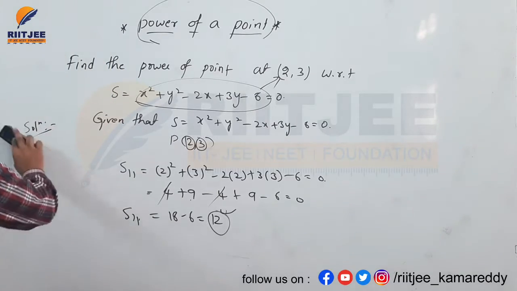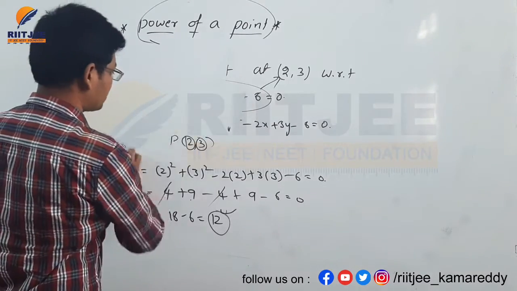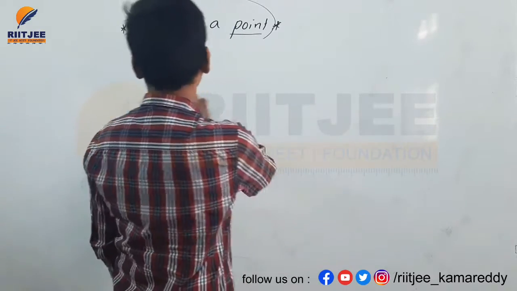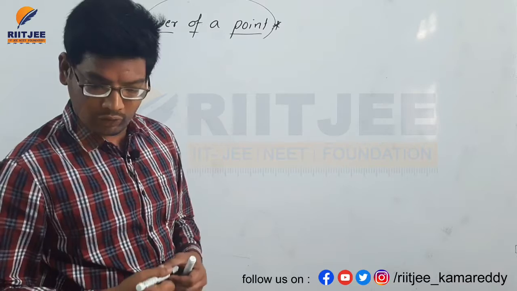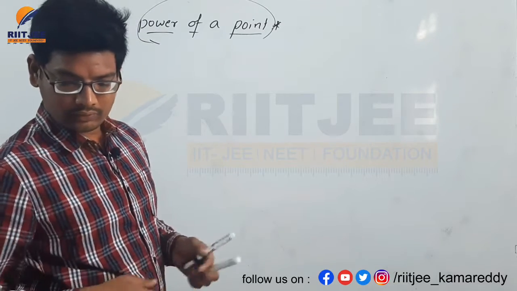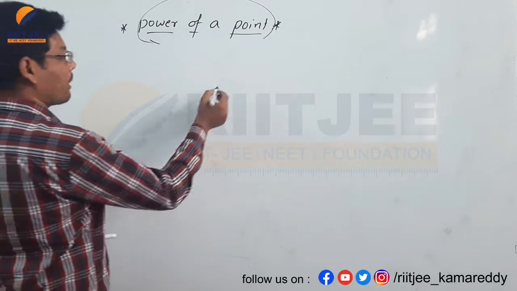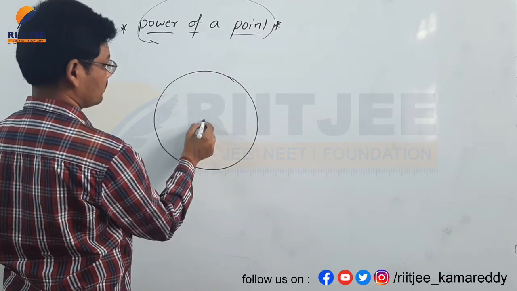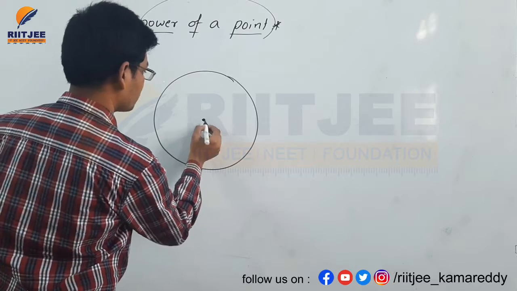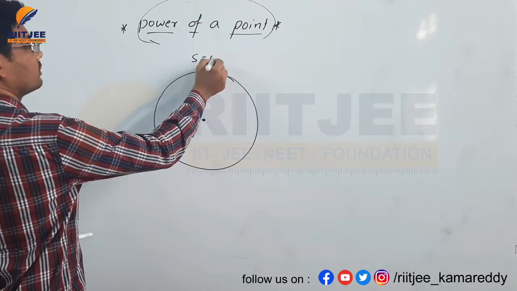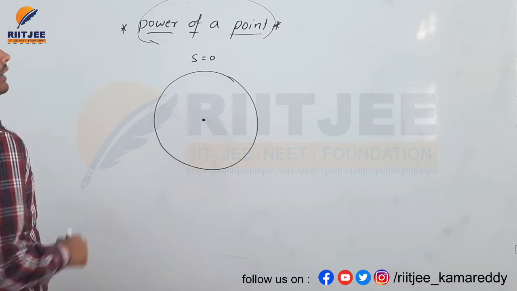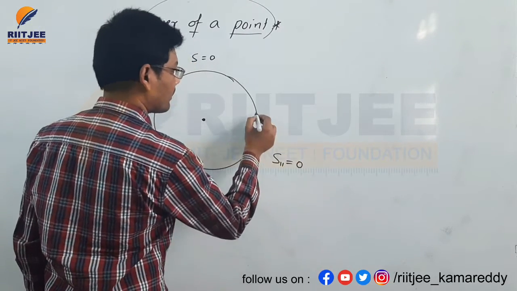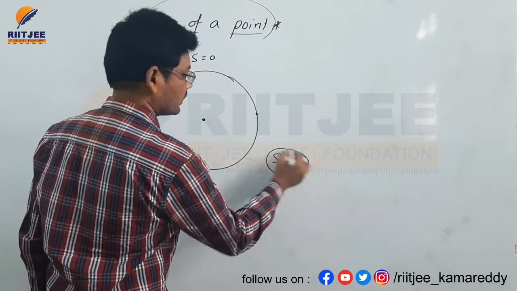And some more special points on the power of a point. The first one: for a circle S = 0, if S11 is equal to 0, the power of the point is 0.